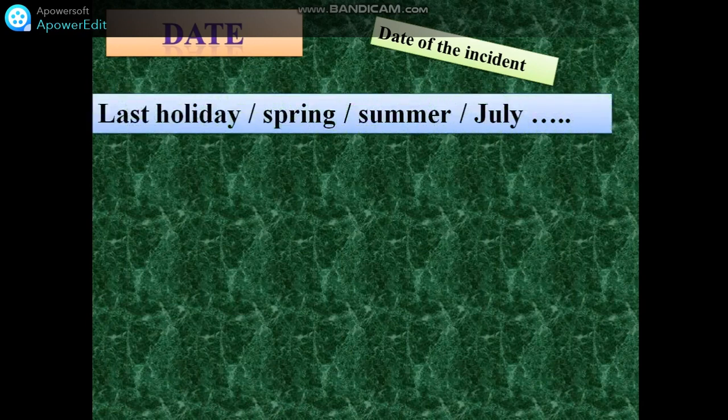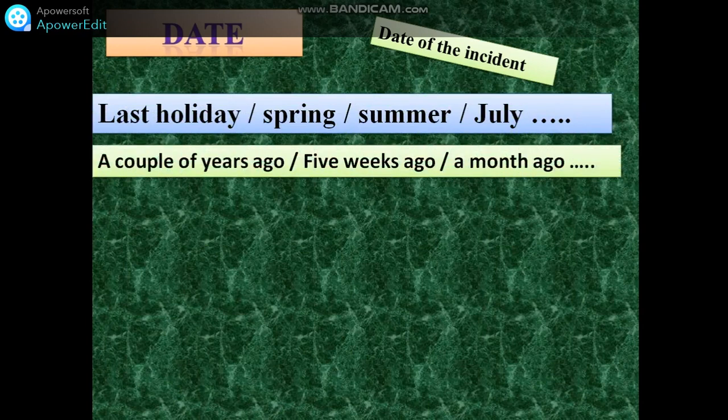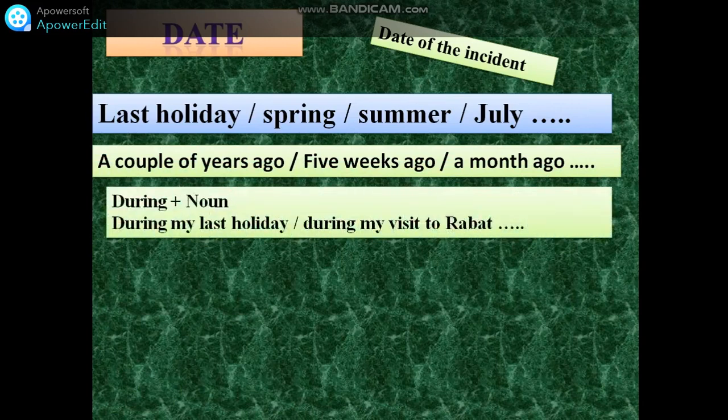Great. So, let's start with the date. When you want to express the date of the incident, of the event that happened, you can say, for example, last holiday, last spring, last summer, last July, or a couple of years ago, 5 weeks ago, a month ago. Or you can say during plus noun, for example, during my last holiday, during my visit to Rabat.